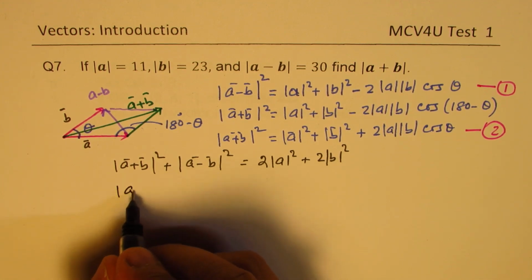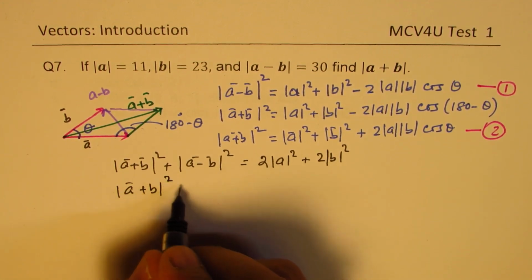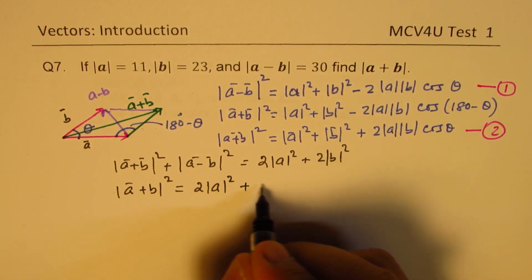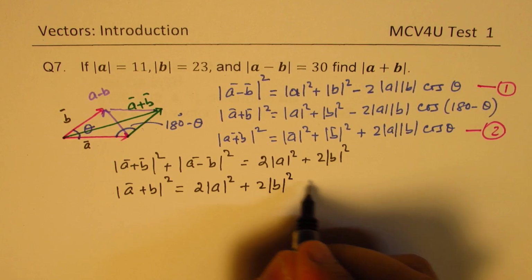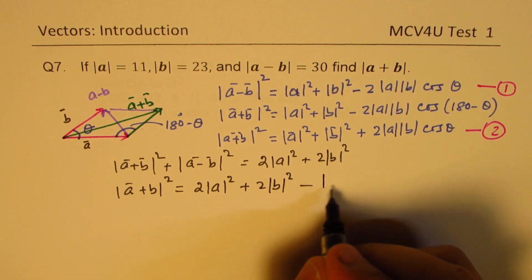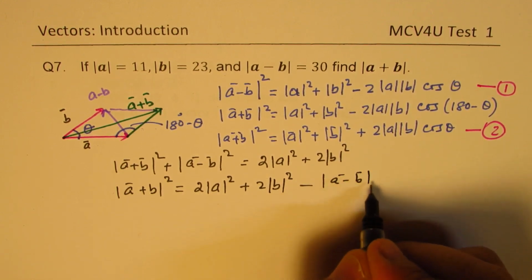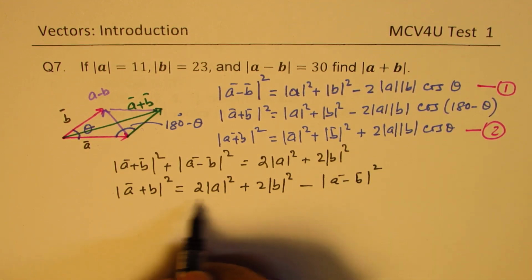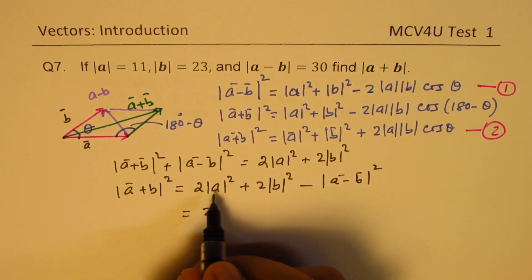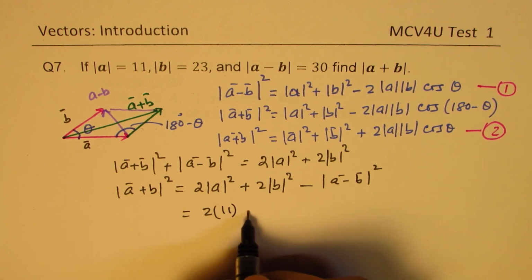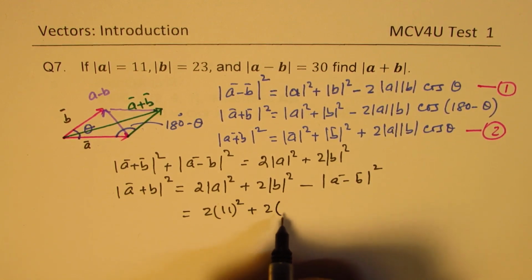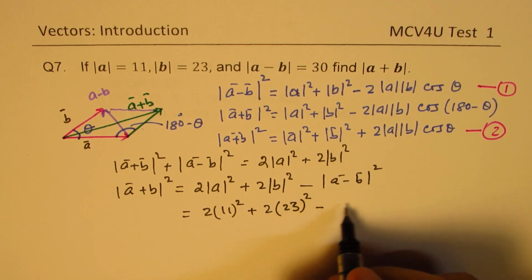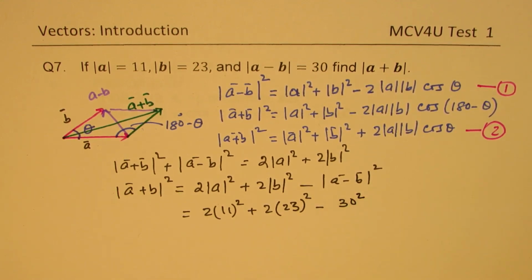So we get magnitude of A plus B whole square equals twice magnitude of A square plus twice magnitude of B square minus the square of the difference between their magnitudes, right? So this expression equals twice 11 square plus twice 23 square minus 30 square, correct?